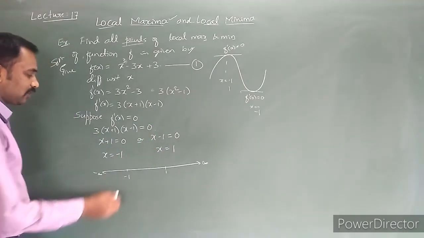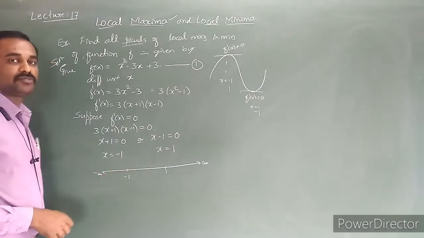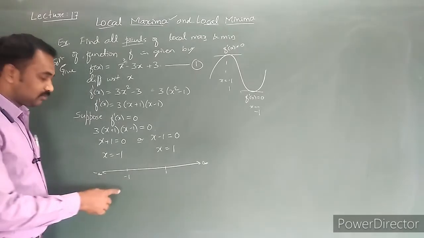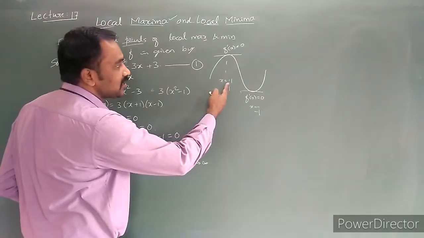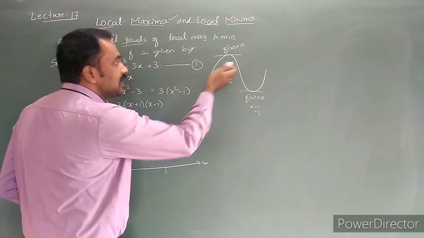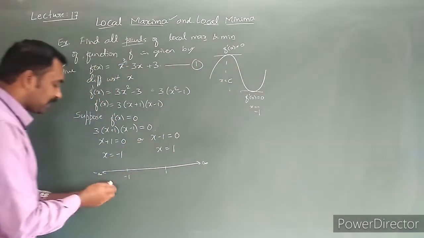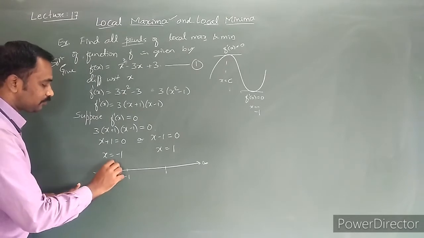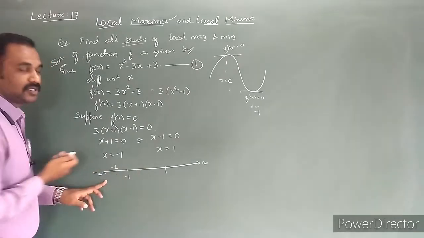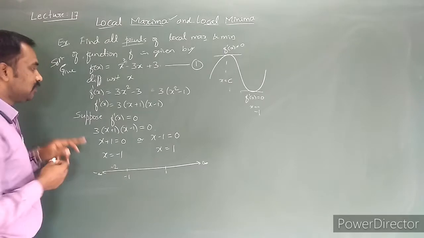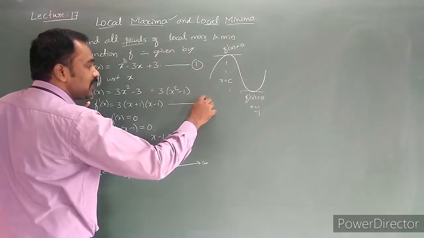What we are going to do is take the left hand side of minus 1, because at a particular point c, we check on the left hand side whether the slope of the tangent is positive or negative. At x equal to minus 2, left of minus 1, check the sign of f dash of x.